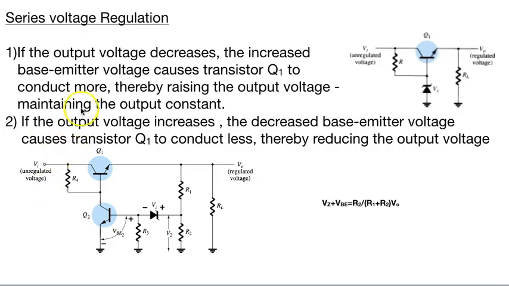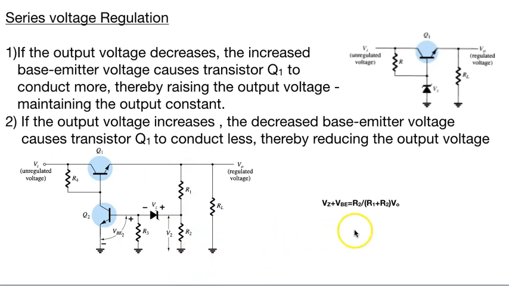So if you see a series voltage regulator, as we have talked about, this is the controlling element. This is also a comparator right now. Plus minus Vz, which compares. This is a sampling.